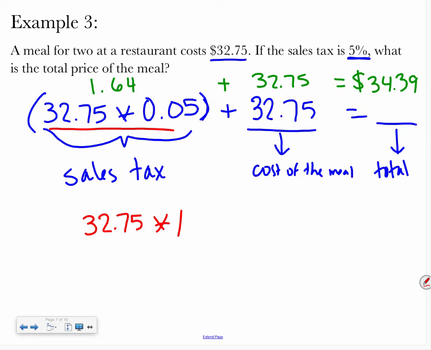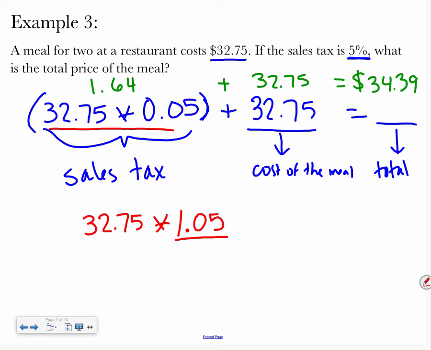Okay? But if I multiply it by 1.05, that is now multiplying it by the original cost and the sales tax, okay?